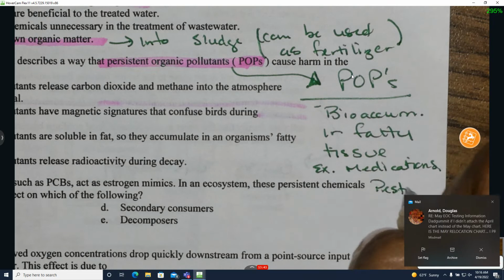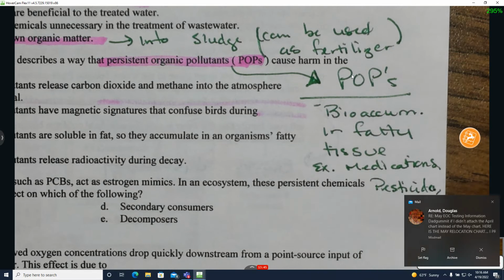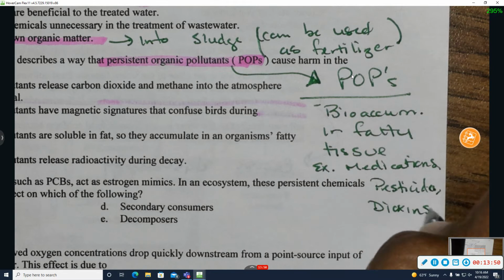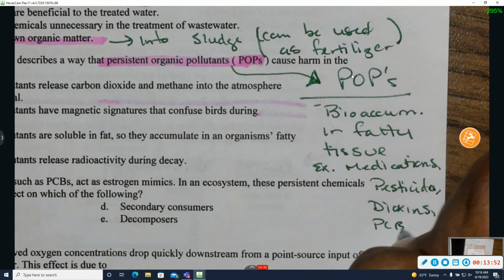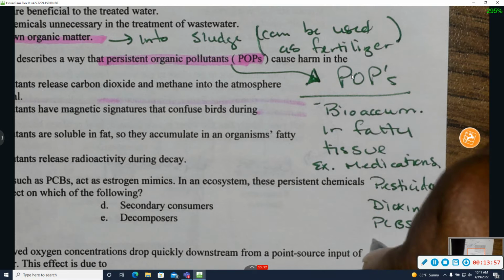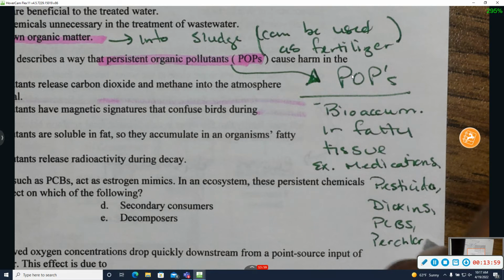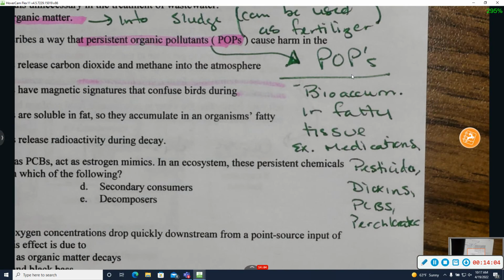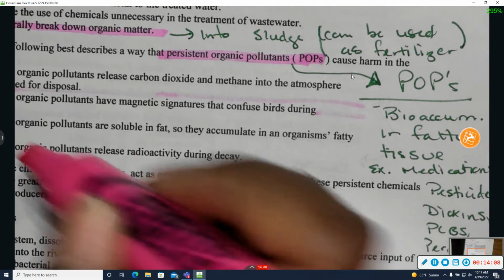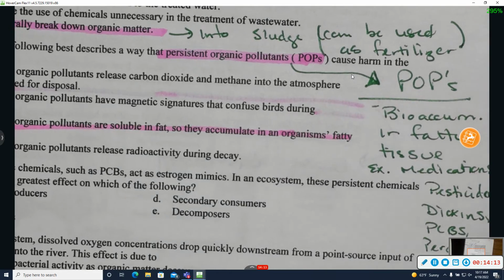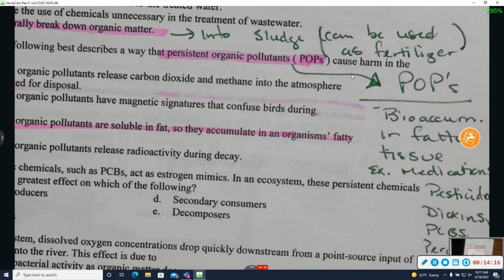Pesticides like DDT. Dioxins. PCBs, those are going to be your flame retardants. Perchlorates, and those come from your rocket fuel. Anyway, so the answer to this one was C. Persistent organic pollutants are soluble in fat, and they're going to accumulate in the fatty tissues.